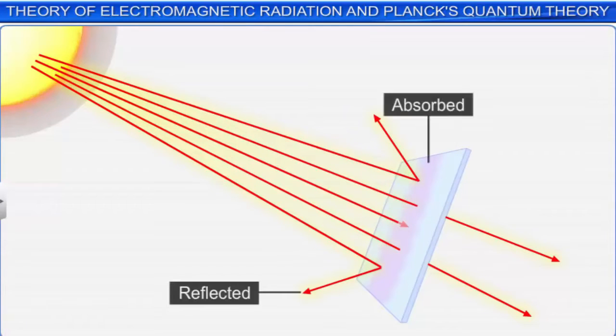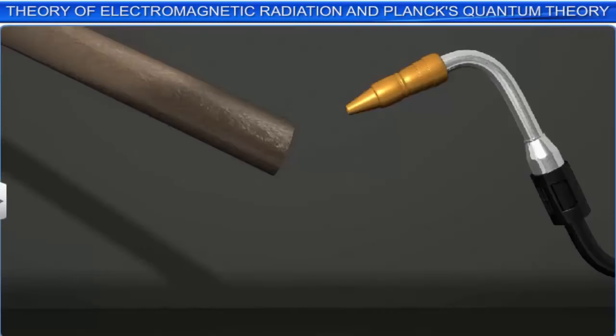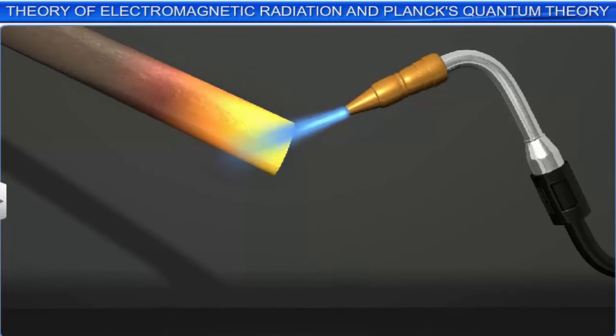For example, when an iron rod is heated, at first it turns red. As the temperature is further increased, it becomes yellow, then white, and finally turns blue.